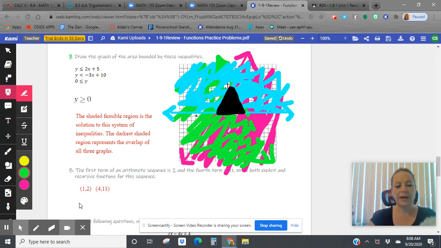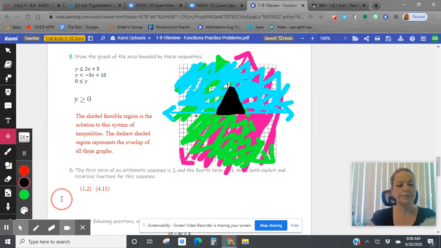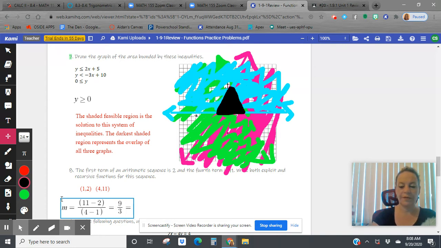So first I need to calculate the slope. So m equals y minus y, or 11 minus 2, over 4 minus 1, so that gives us 9 over 3, or a slope of, reduced just down to, 3.